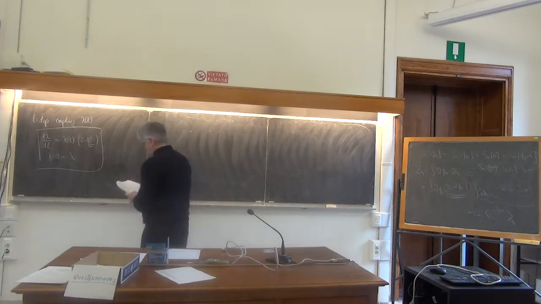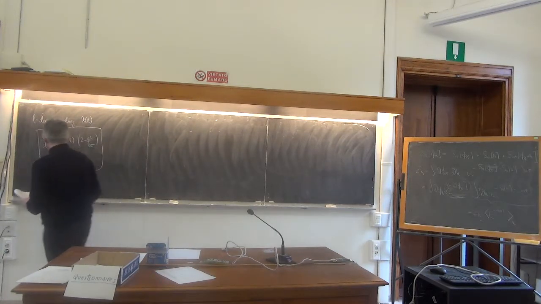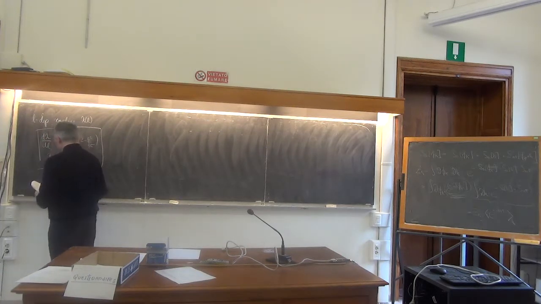You can just solve this equation. So lambda of L is lambda naught times e to the 2 minus beta squared over 4 pi L.